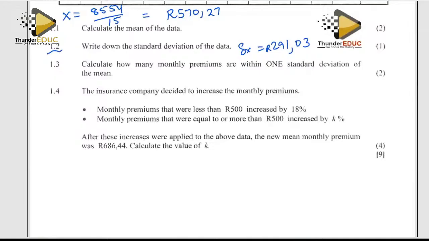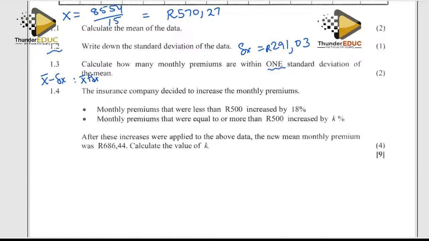Then 1.3, they're asking us to calculate the monthly premiums within one standard deviation, meaning that we must get the mean minus the standard deviation, and then the mean plus the standard deviation.